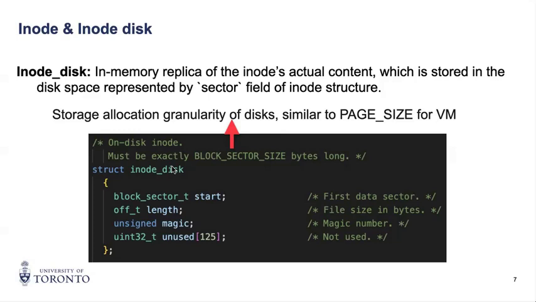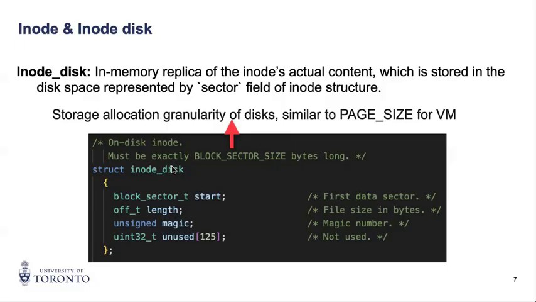Each inode disk structure is exactly block sector size long, right? Or 512 bytes in PintOS. This is because disk allocates storage, conceptually similar to virtual memory pages, in blocks of consecutive space, and you know what the benefits of paging are. We assume an inode can be stored entirely inside a block.